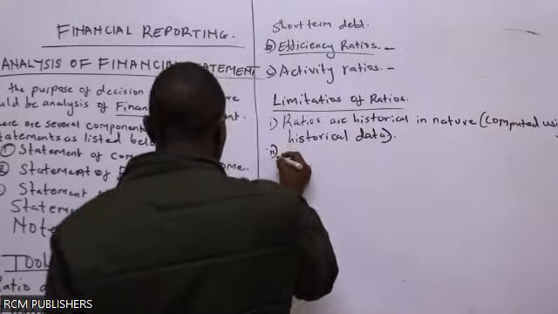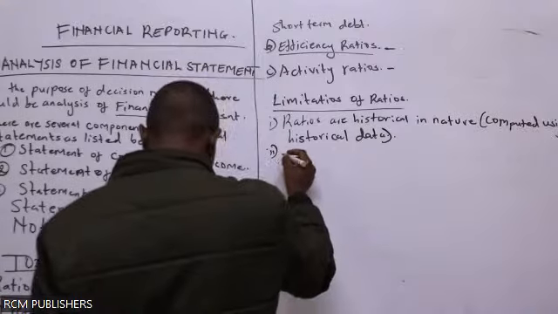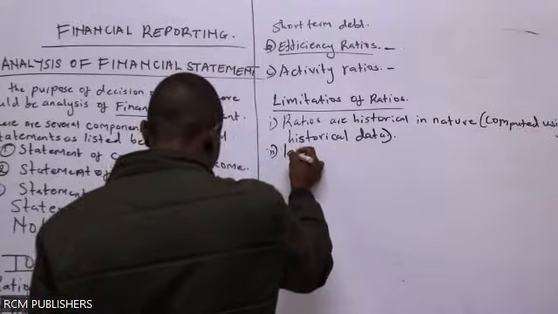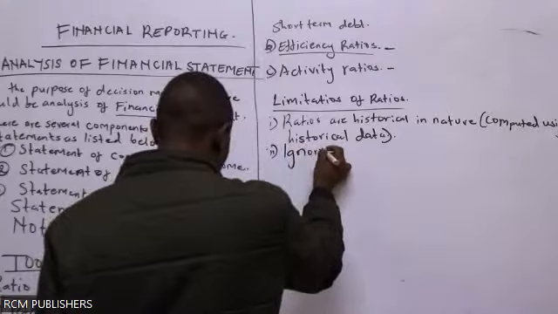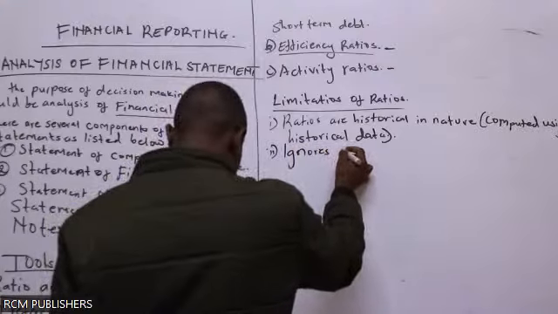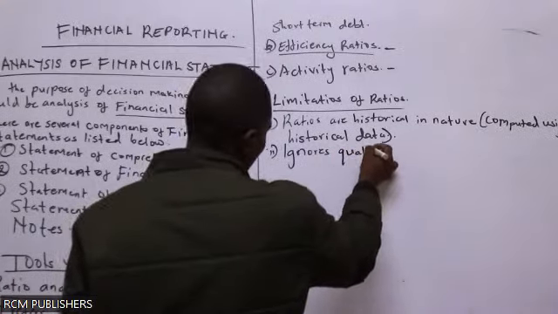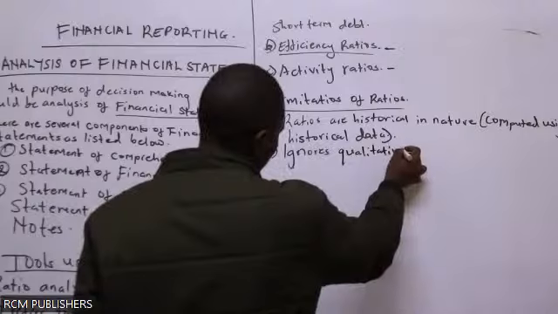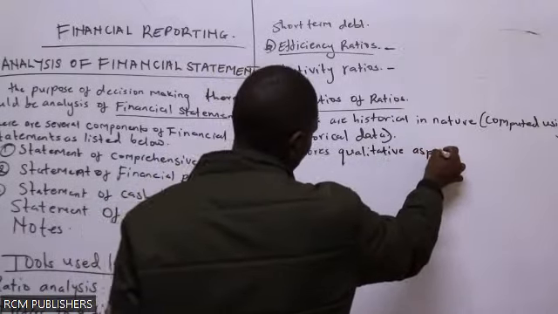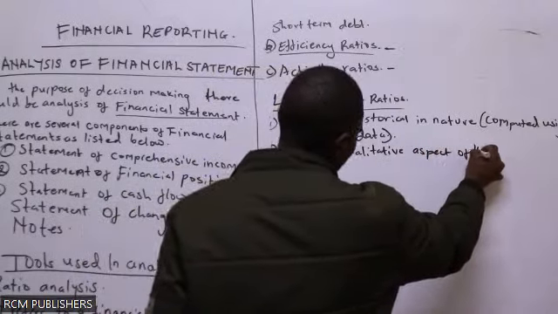Two, another limitation of ratios is that they ignore the qualitative aspect of the entity.